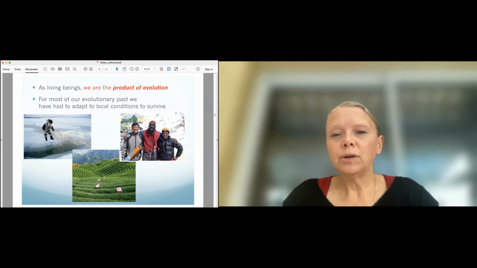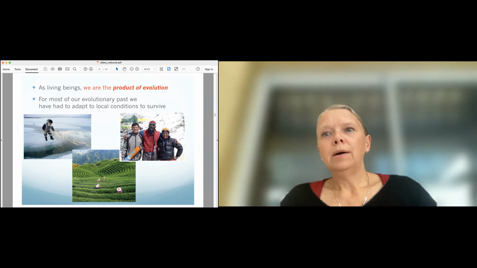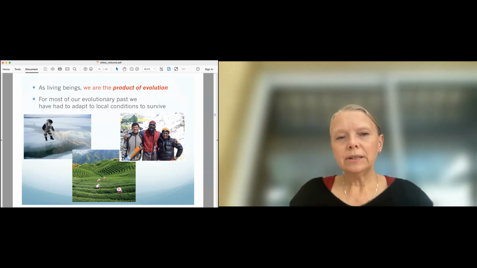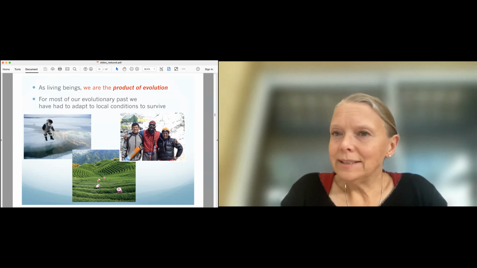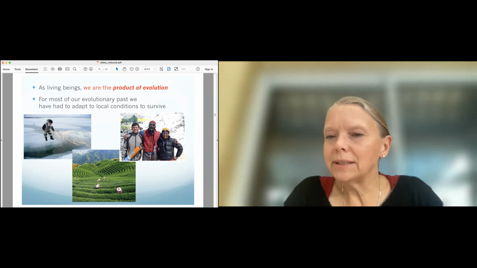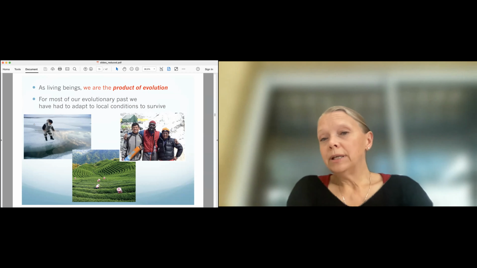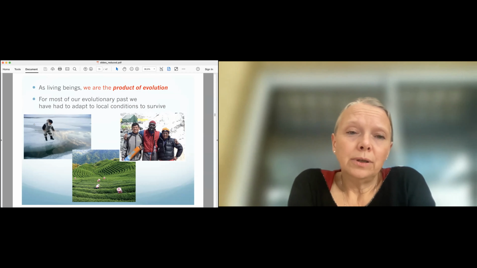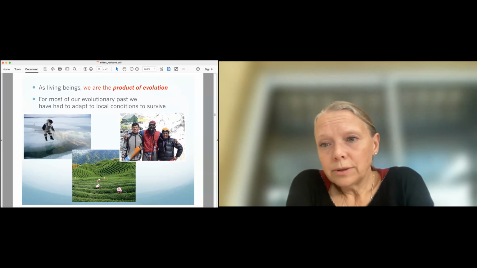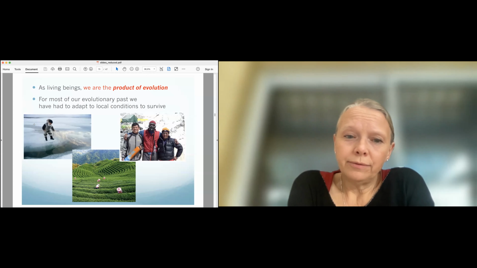So in modern societies today, let's say the local environment is less salient in our lives, has less of an impact on our ability to survive.